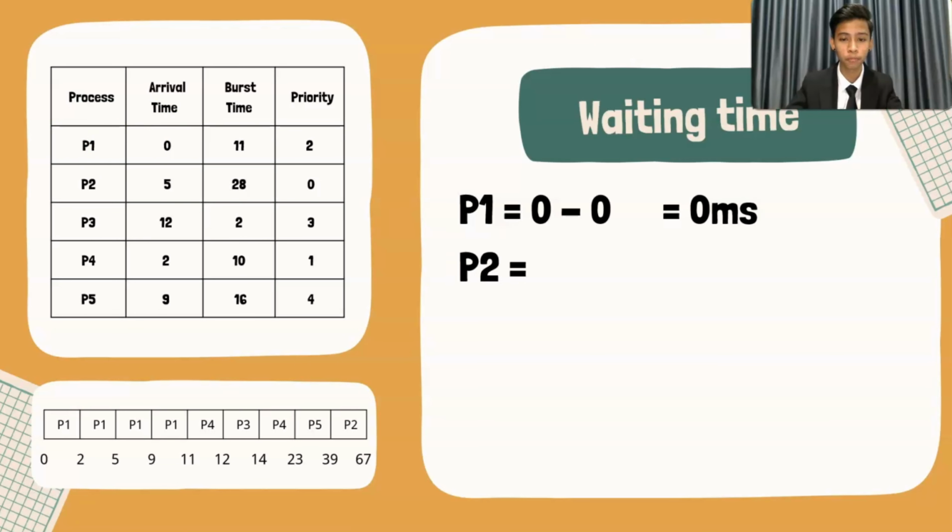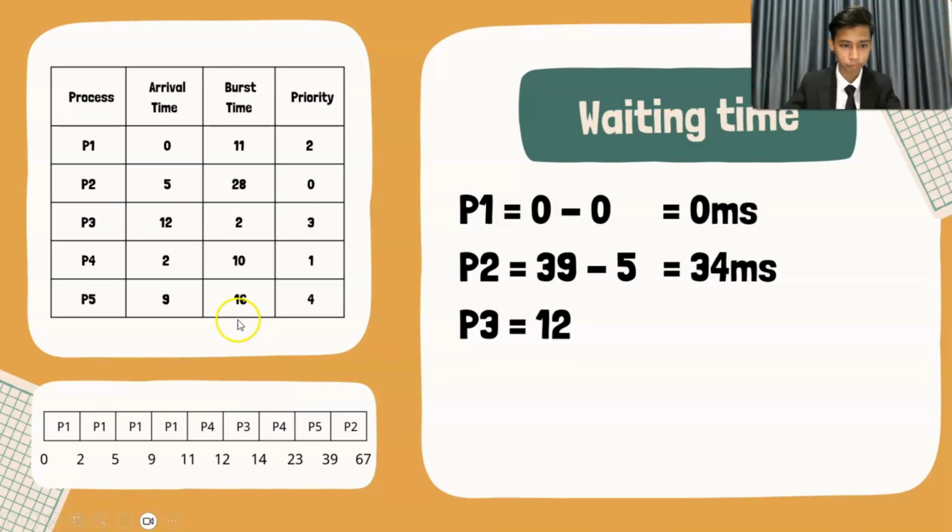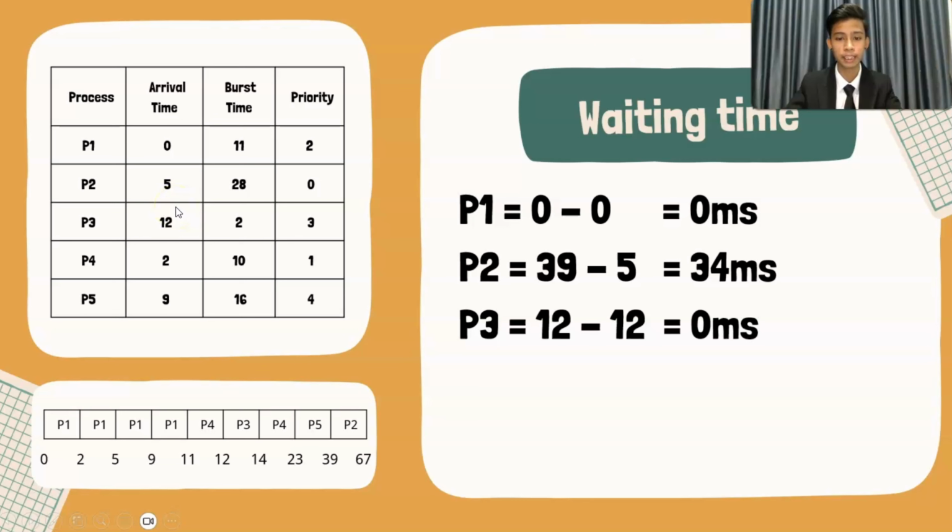For P2, which has a starting time of 39, we subtract the arrival time of P2, which is 5. Therefore, we get 34 milliseconds. For P3, we have the start time of 12, and we subtract the arrival time of P3, which is 12. So we get 0 milliseconds.